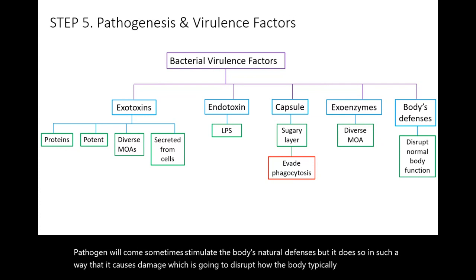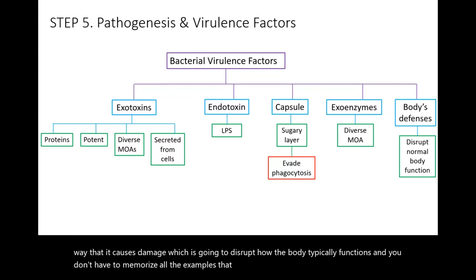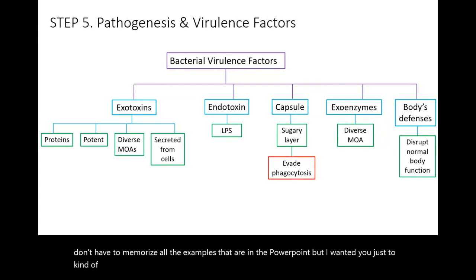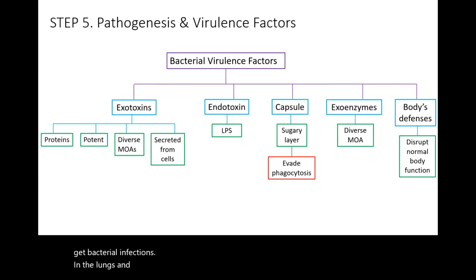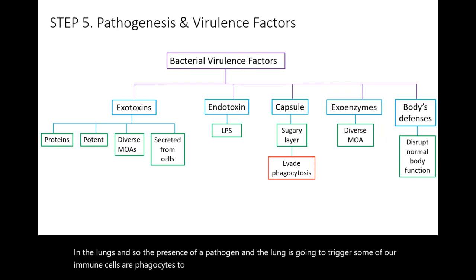You don't have to memorize all the examples that are in the PowerPoint, but I wanted you to see what it means, how it turns the body against itself. So for instance, with pneumonia, that's going to be targeting the respiratory tract, and so you tend to get bacterial infections in the lungs. The presence of a pathogen in the lung is going to trigger some of our immune cells, our phagocytes, to come to the lungs and try and clear that infection.